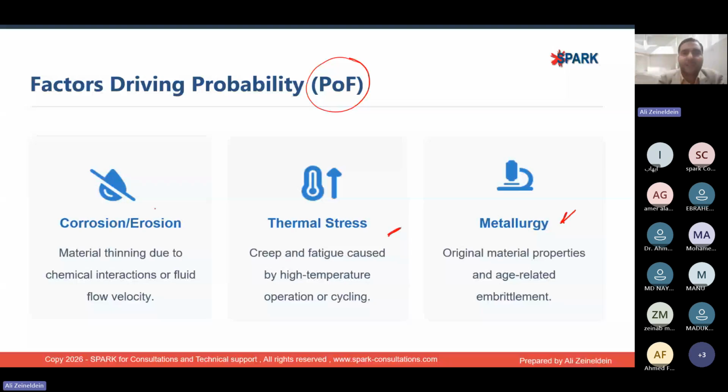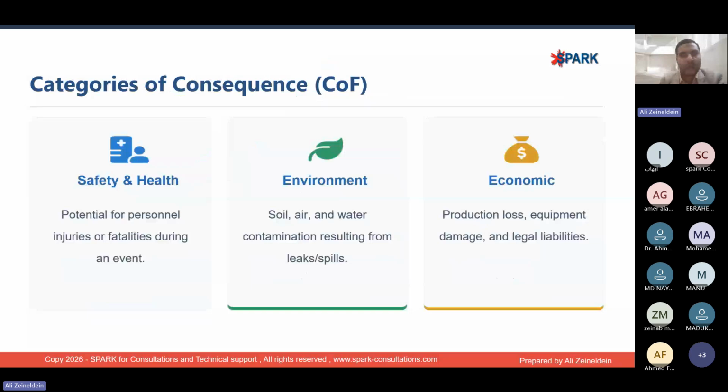All of these affect the probability of failure. Okay, factors affecting or categories of consequences, as we discussed, will be addressed: safety and health, environment, and economic impact, being production losses and interruption.